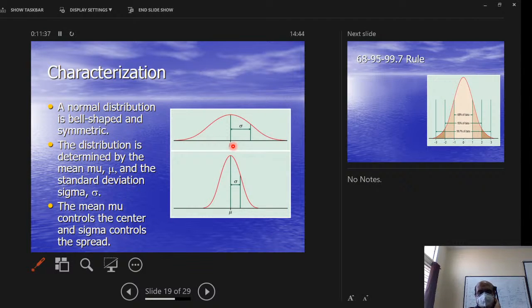So in this picture, the mean is the central value, the calculated average of the entire value, and standard deviation is how far the values deviate from the central mean.